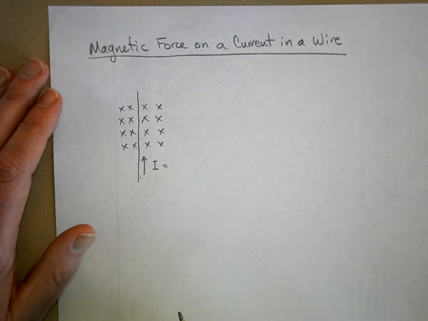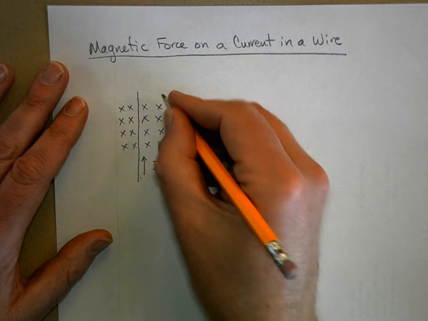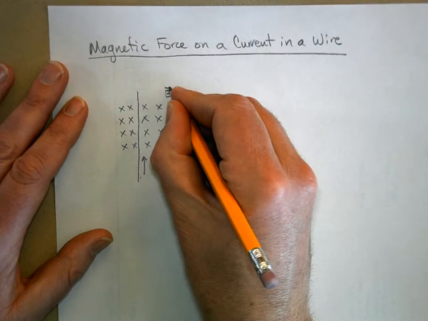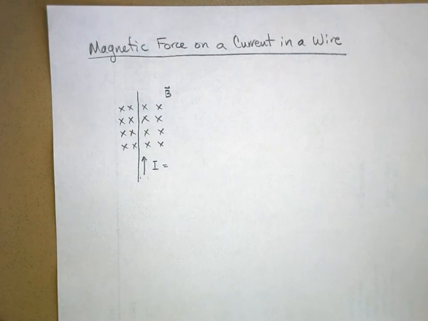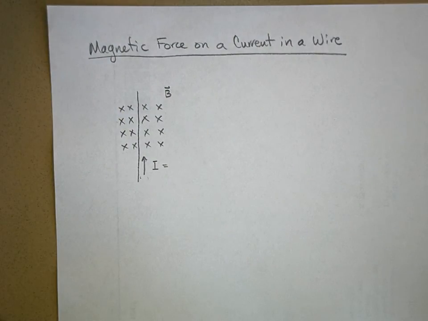So here's the strength of our magnetic field, and we're going to call it B. Now, we're running low on time, so I'm just going to give you the simplified version of this. And we can go back and go through the nitty-gritty of it next time.